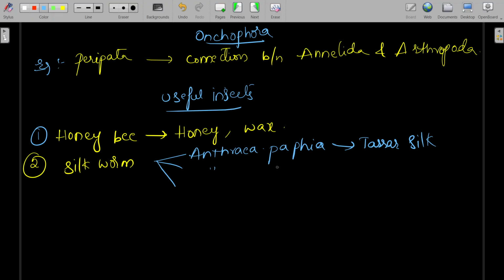Same genus, and then Samensis. This provides us Muga silk.